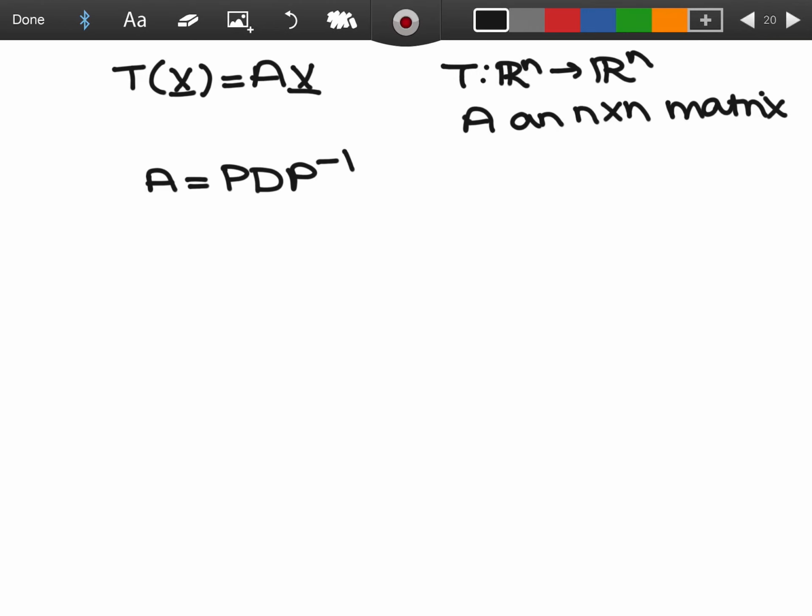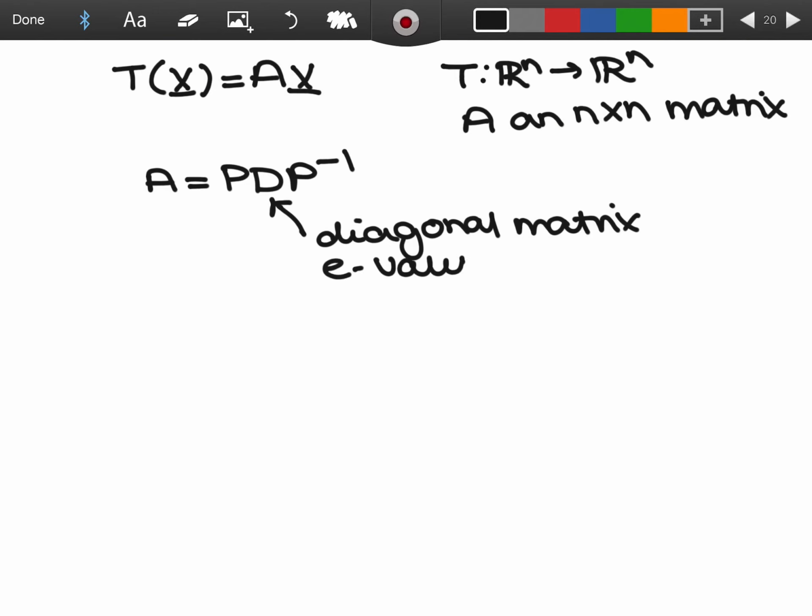So when we decomposed it into P, D, P inverse, if you remember, D is a diagonal matrix, and on the diagonal you have the eigenvalues. Okay, and then P was made up of the basis vectors in the eigenspace.